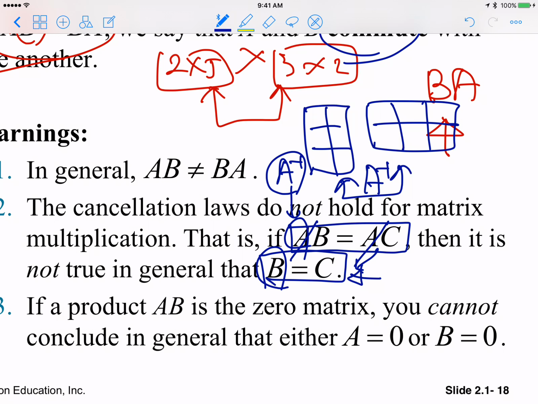Okay, so it's not about cancellation. The matrix is not directly cancelled, but the way of canceling or removing A is through multiplying another matrix, A inverse.